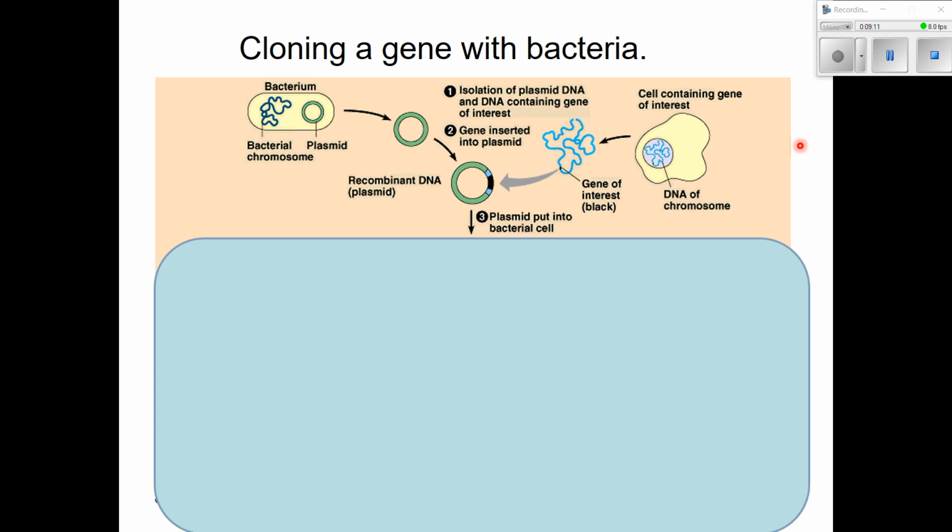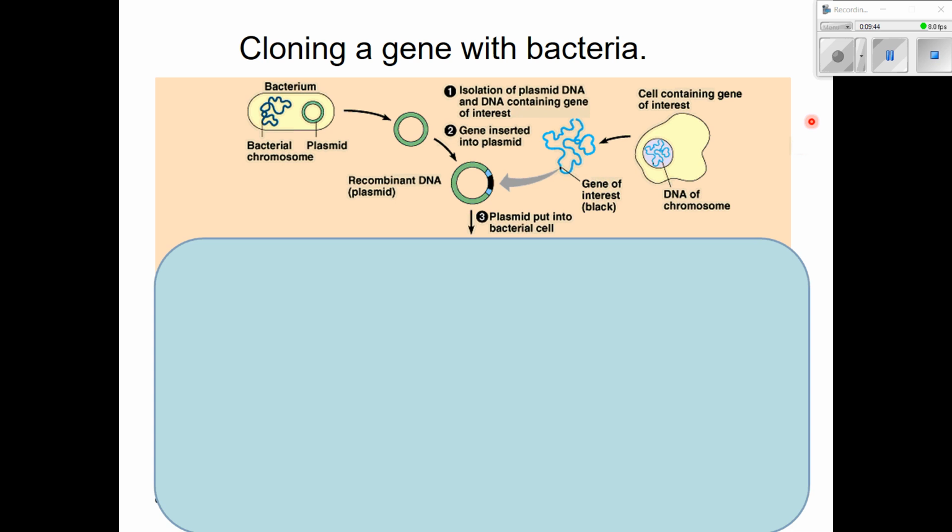So if we have a gene that we want to make many, many copies of, one way to do that is to introduce that gene into living bacteria using a recombinant plasmid, and then allow the bacteria to go about their normal reproductive process, copying the DNA, making many, many copies of the gene. So I'm going to walk you through that process next.